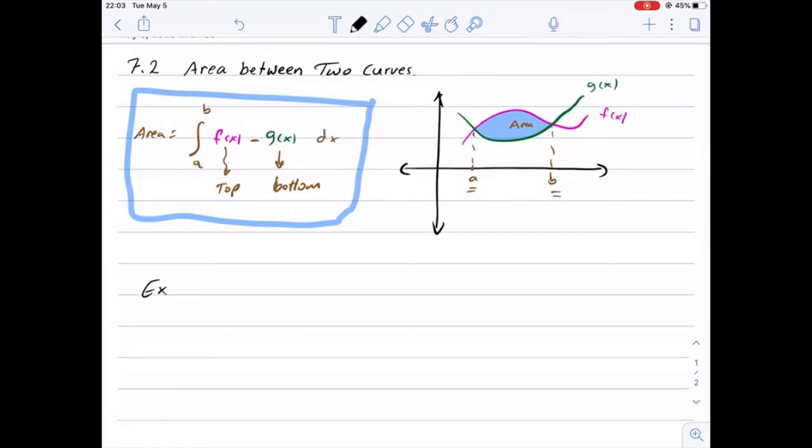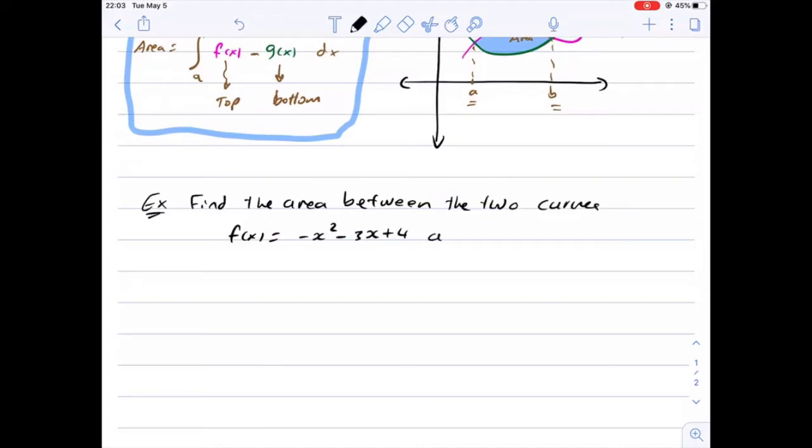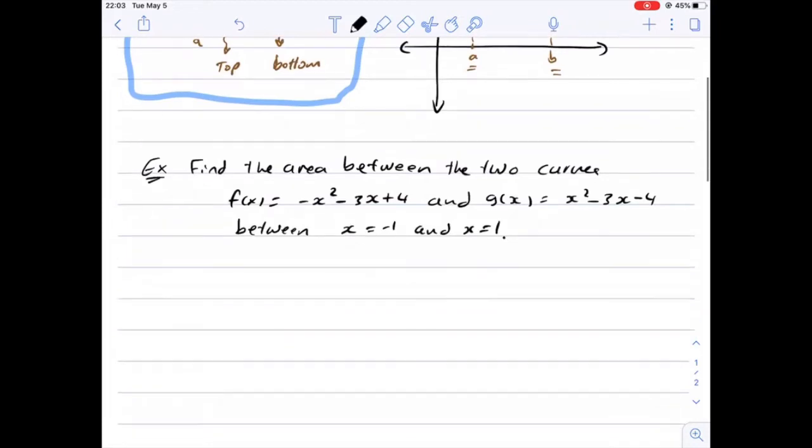Now let's take some examples. For example, if we want to find the area between the two curves of f of x equals negative x squared minus 3x plus 4 and g of x is equal to x squared minus 3x minus 4 between x equals negative 1 and x equals 1.